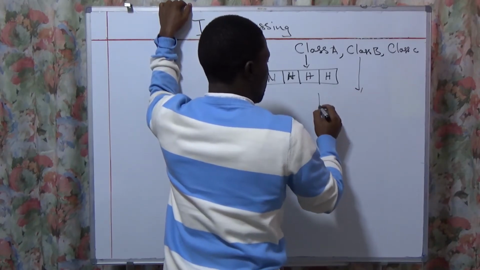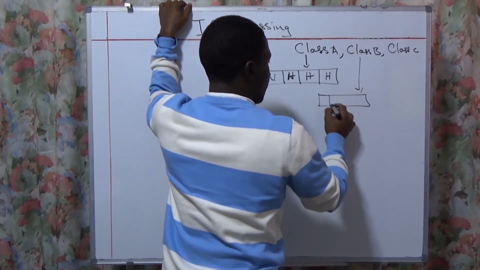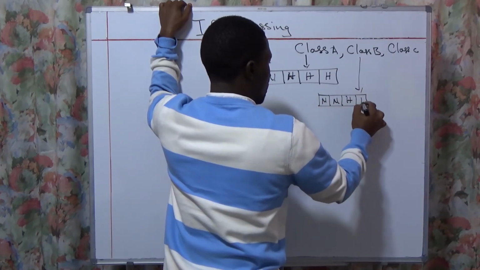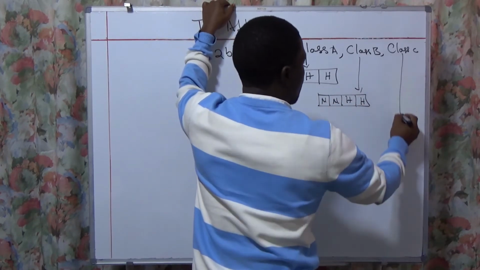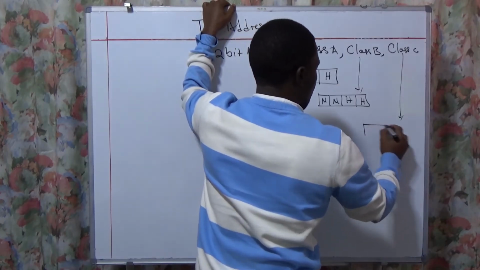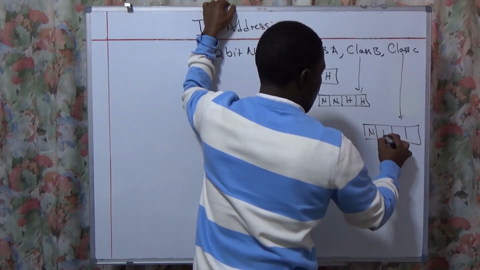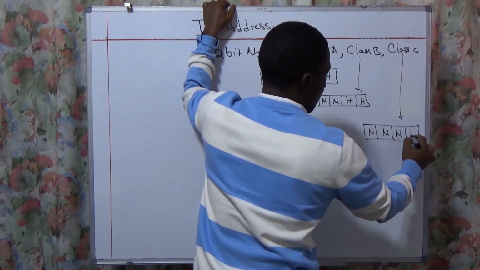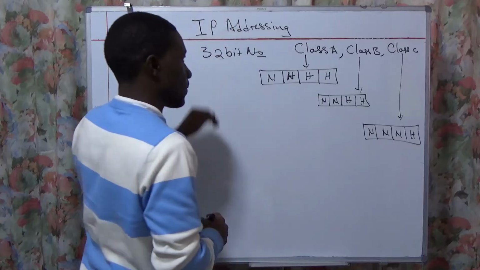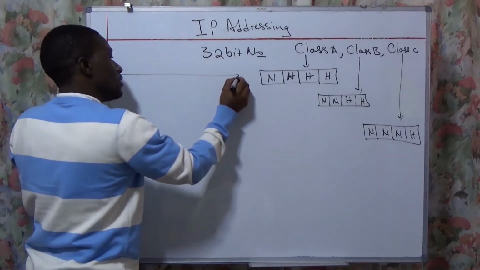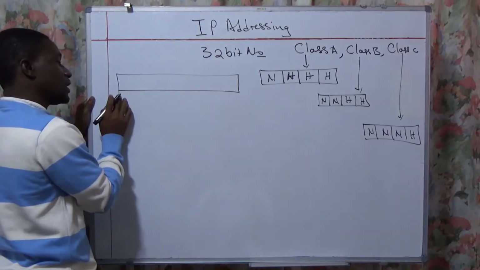And in Class B, we have network, network, host, host. And in Class C, we have network, network, network, and host.